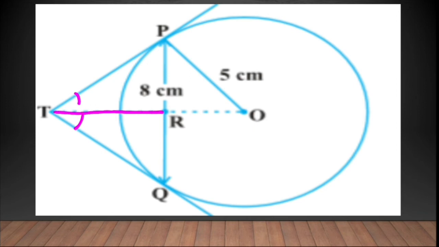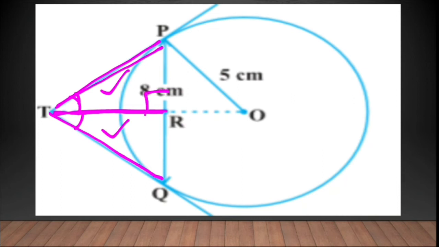This side is common, and again this one is equal to this one because they are the lengths of tangents from the external point. So again by the SAS rule, you can say that these two triangles will be congruent. Now since they are congruent, by CPCT this angle is equal to this angle. So you can say that OT will be perpendicular to PQ.